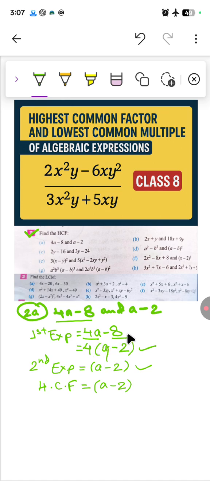Now moving ahead to another question, question number 2e. Let us solve that.